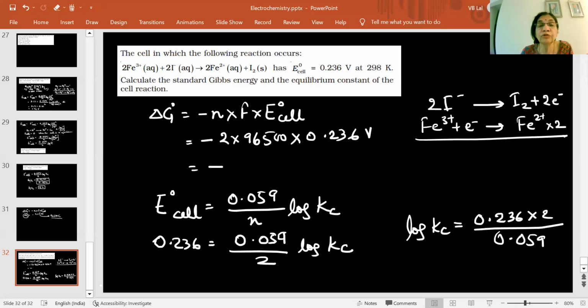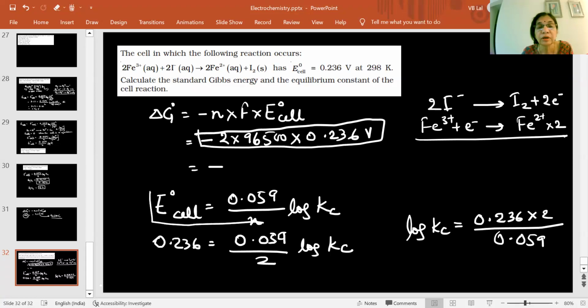So did all of you understand these two calculations, the two new equations that we have learned? Only thing is you will have to learn the two new equations, which are based on the Nernst equation. So the four equations that we have learned till now, have you all understood how to use them in a question? Tell me. All of you, please switch on your cameras and tell me.